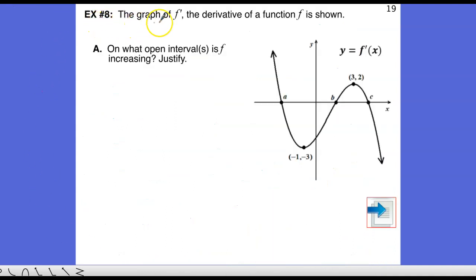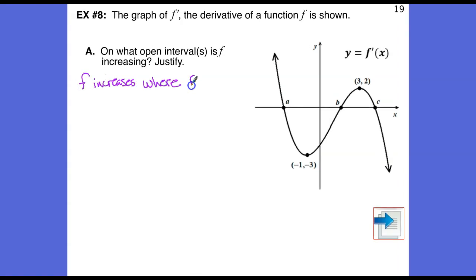Example 8 says the graph of f prime, the derivative of a function f, is shown. On what open intervals is f, the original function, increasing? Justify. Okay, so here's the thing. If this is f prime, I just need to find where f prime is positive and f prime negative. Let's make the statement: f increases where f prime of x is positive.